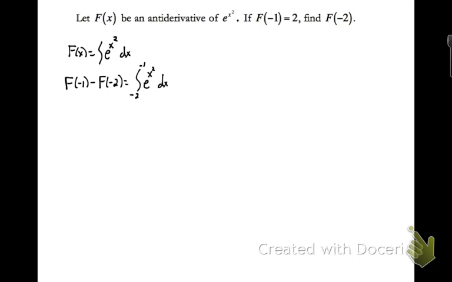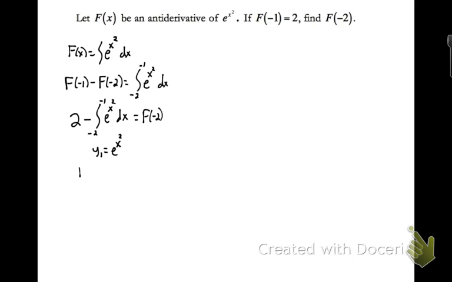I know that F of negative 1 equals 2, so what I'm going to do is add F of negative 2 to both sides and subtract my integral from both sides. And now I've got everything set up to solve for F of negative 2. Again, I'm going to set y1 equal to e to the x squared power.